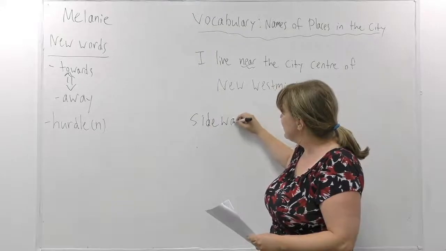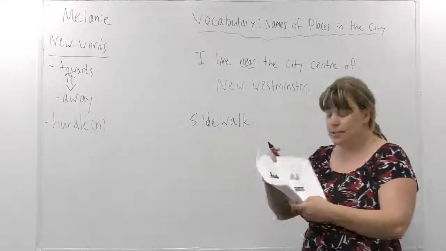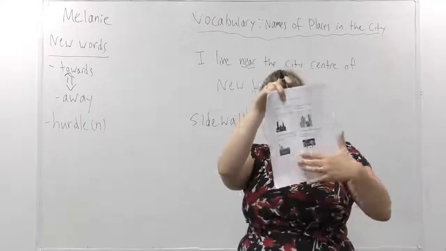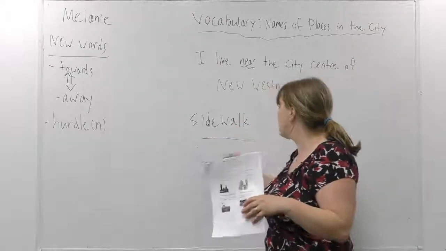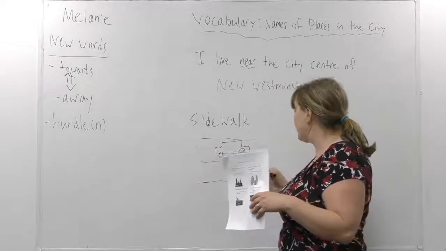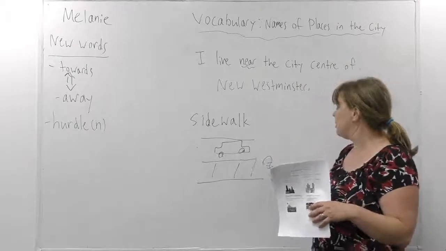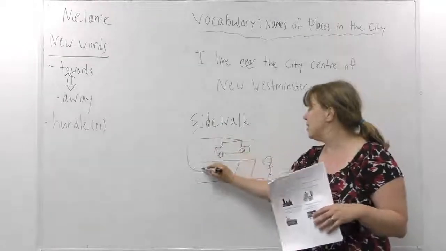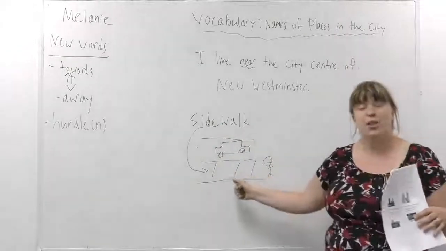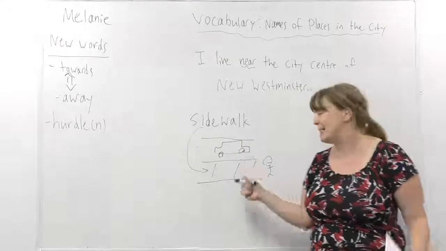Sidewalk. Okay, this is a good word, I think. So, as you can see here, you have the road, very busy road with cars. Now, the sidewalk, this is often where people walk. So this here is a sidewalk. These are important in a city, you know, so people can walk around and get places.